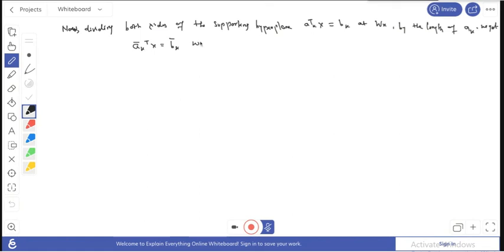Here barring means we are dividing by the magnitude of AK. The value of AK bar is vector AK over norm of AK, and BK bar is basically BK over norm of AK. So this is equation number two.